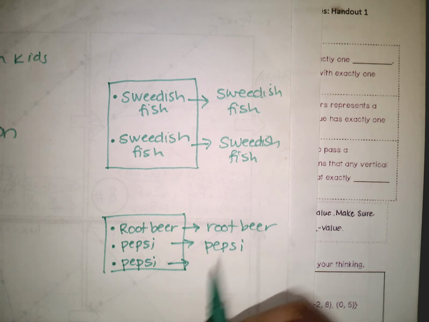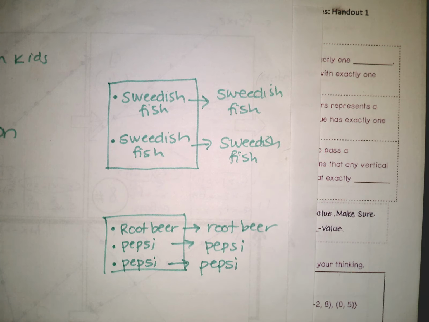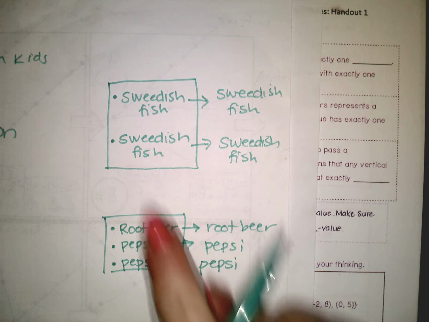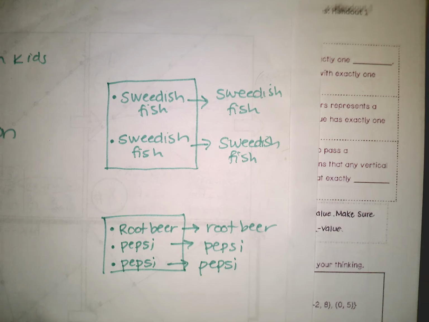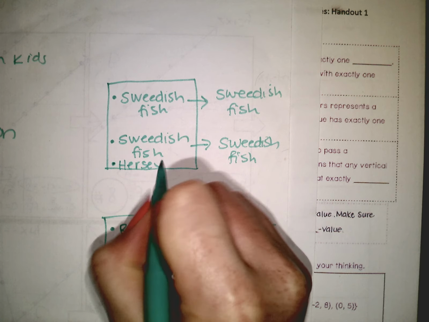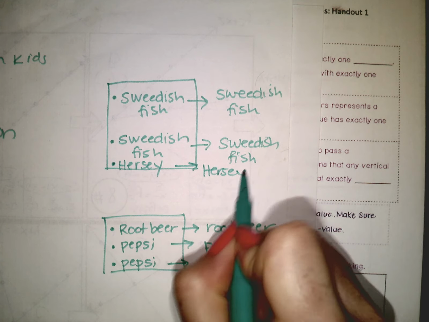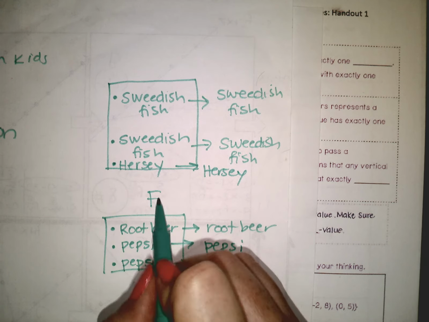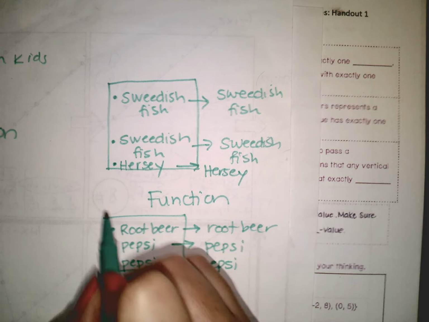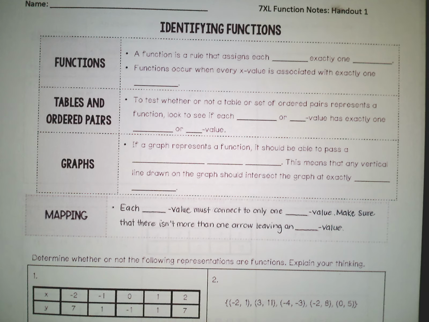It has to produce you a Pepsi. If it did not, then it would not be a function. So these are 2 examples, and I can throw up another one in here. If there was a Hershey bar in here, it would have to produce you a Hershey bar in order for this to be a function. So yes, this is functioning properly. Think about it like that. That's just a quick little analogy that I want you to keep in the back of your mind, and I'll try to keep referencing that as we go through these notes.